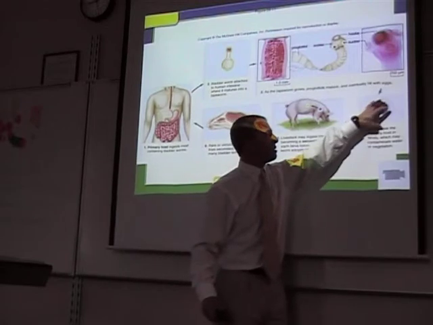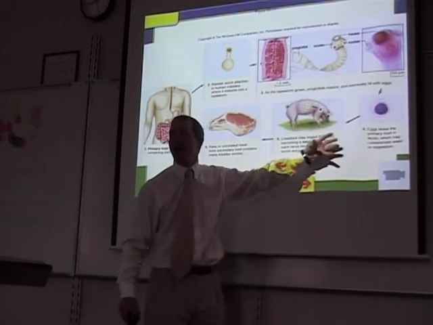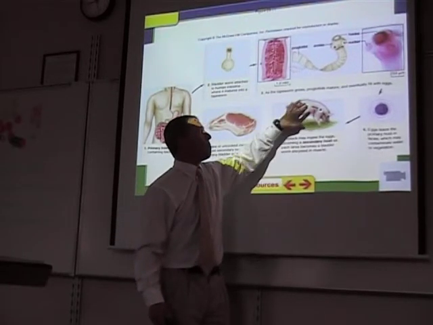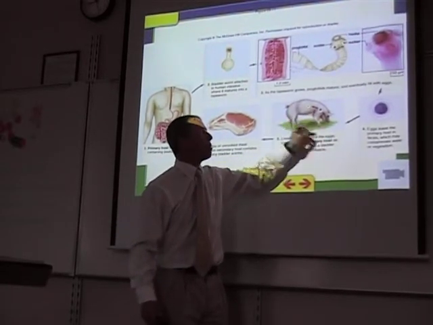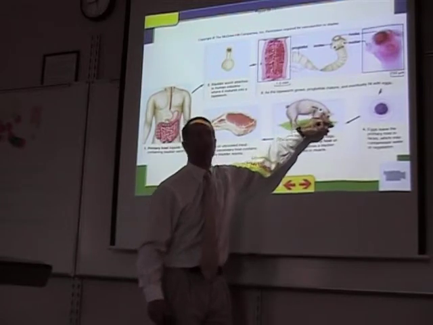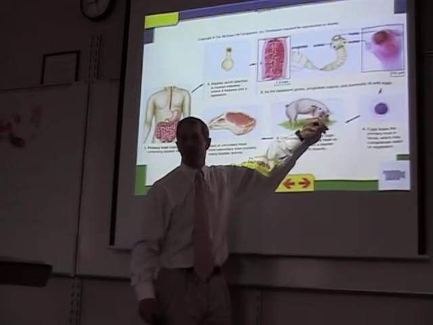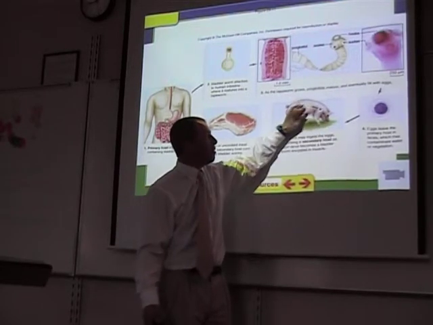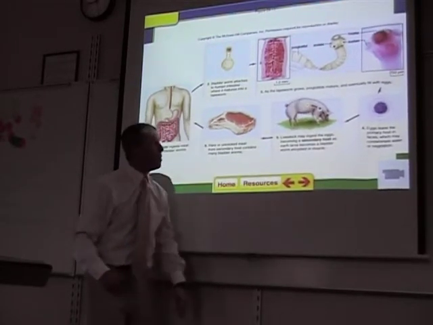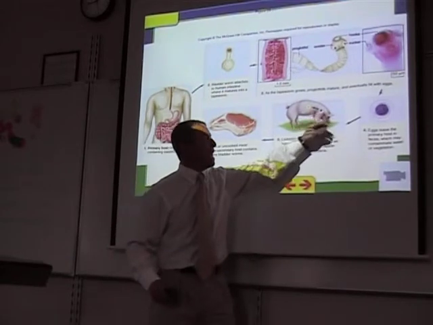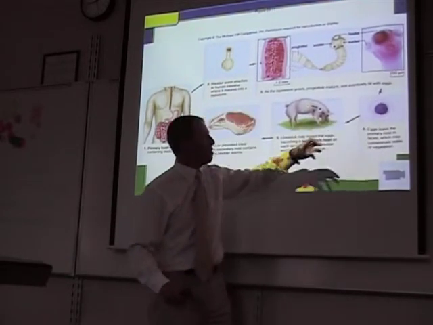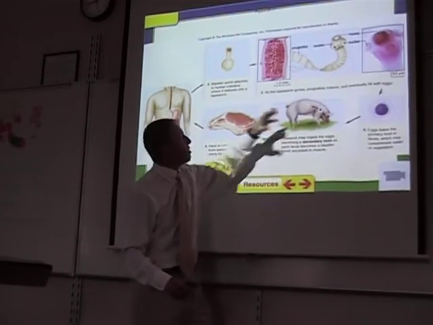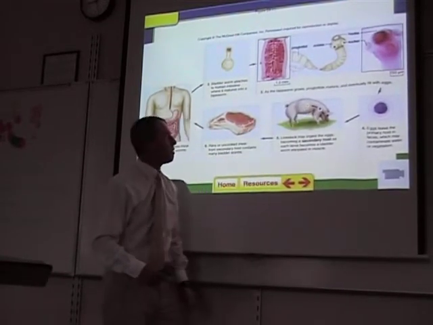Here are the eggs. If you go to the bathroom on the ground somewhere, some pig or dog or something might root around in the doo-doo. Sometimes this is what animals do. You might have seen your dog eat doo-doo before. Pigs will do it too. And what happens is if they eat the doo-doo, the eggs go in their body and make their way into the muscles of the pig.